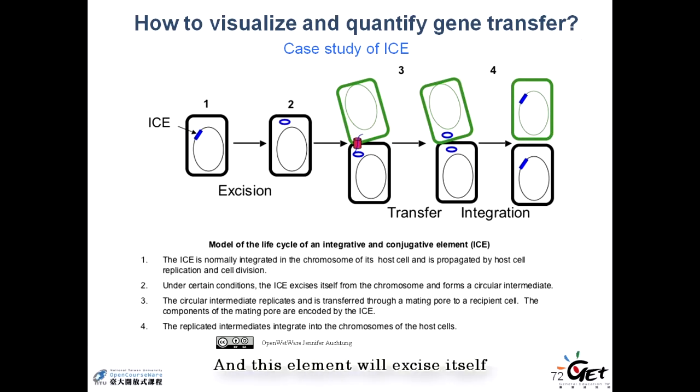This element excises itself and becomes a plasmid-like thing. And through this channel it replicates itself, to have two different copies in the donor and the recipient cell. So if we can mark a certain piece of DNA in the donor, and then check it in the recipient, they'll have two copies right here. So we can probably visualize those kinds of events.